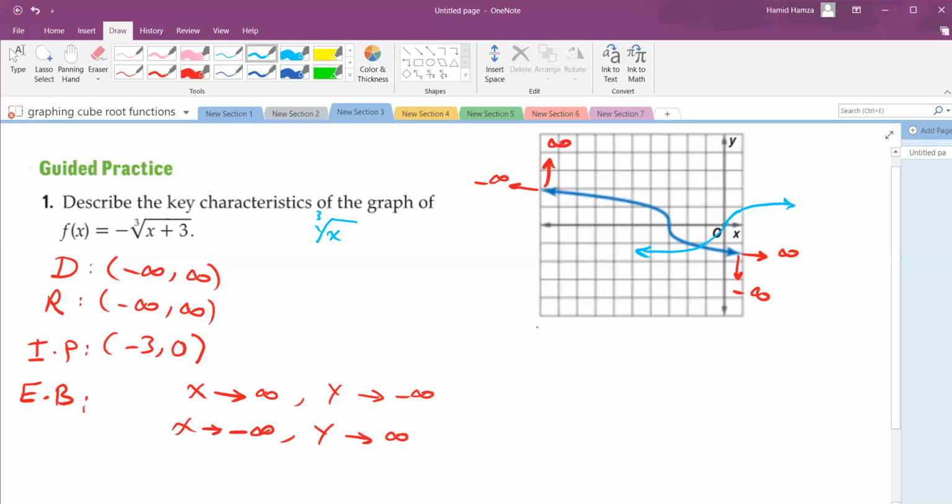But the inflection point moved 3 units to the left, because we take this with the opposite sign. So 1, 2, 3. The inflection point moved from this to this, so it will be here. So I should make it like this.